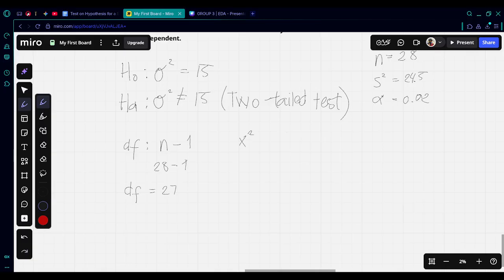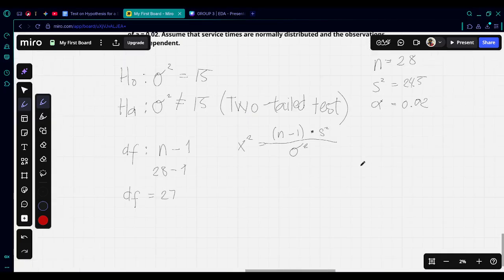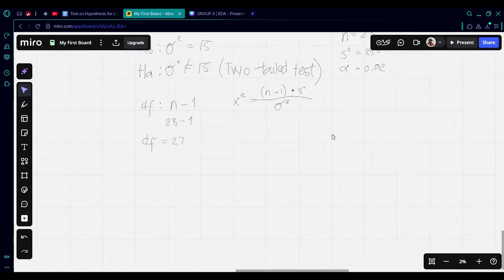It was discussed by BJ as well: it is n minus 1 multiplied by the sample variance s squared, over the population variance, which is sigma squared. So before we proceed to computing the chi-squared, let us first draw the graph of this problem.